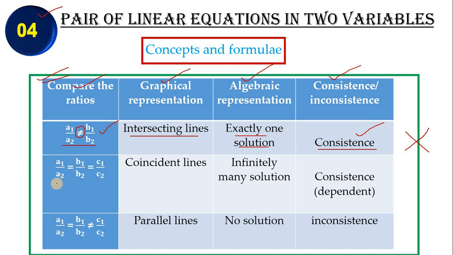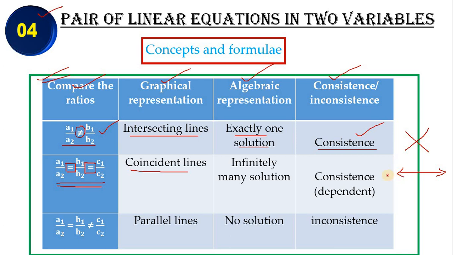Next ratio is A1 by A2 is equal to B1 by B2 is equal to C1 by C2. Look here, all the ratios are equal. When all the ratios are equal, in that case we are going to get coincident lines, the lines which fall on one another.